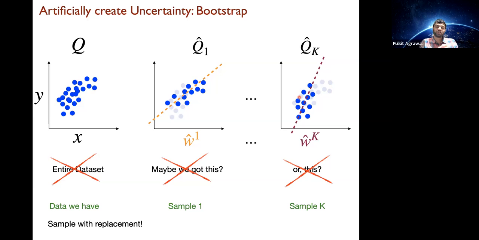If those estimators are not very different, that would mean that I have high confidence that I am close to my ground truth estimator. But if I find that these estimators, like W hat 1 to W hat K, are very different from each other, then that would mean that I'm not very confident in the estimate I have.